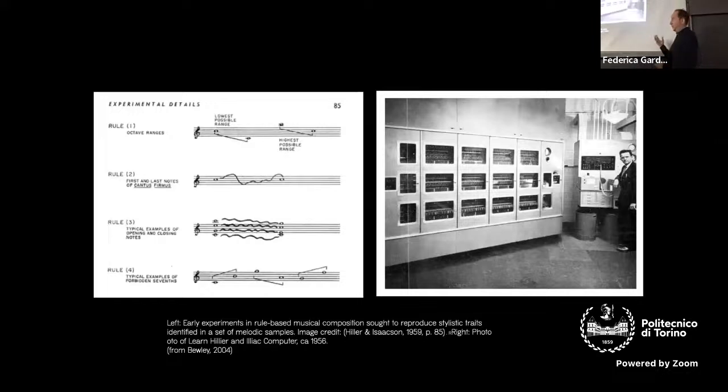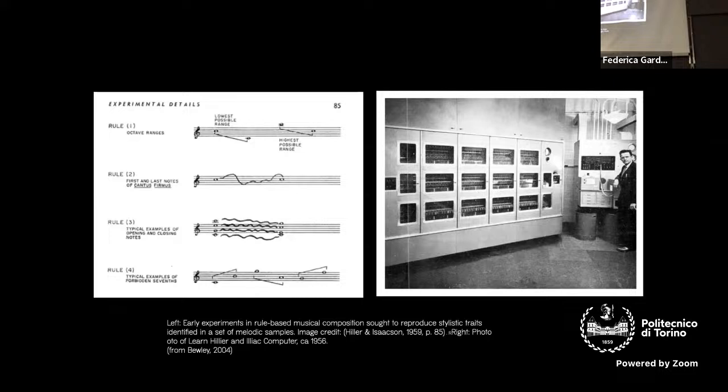Another early example of computer music, also part of a university research laboratory, is the work of Lejaren Hiller at the University of Illinois. He's kind of famous. Some of you are attracted to the world of new media and computer music. Hiller developed something called the Illiac Suite.